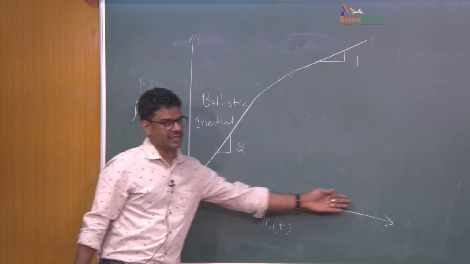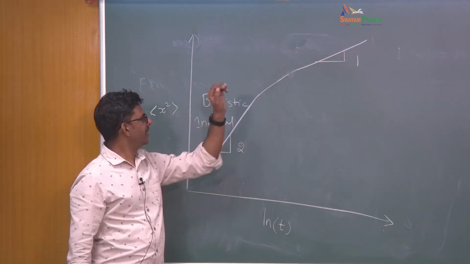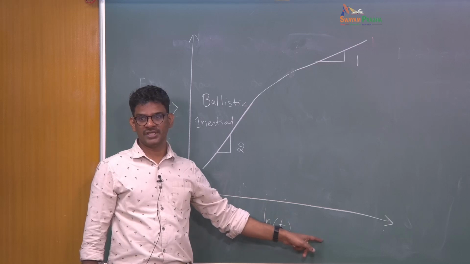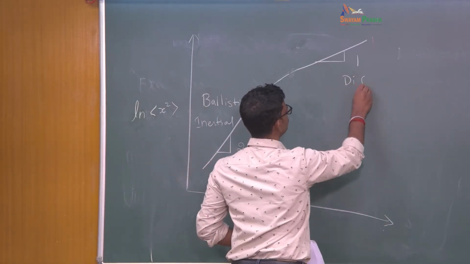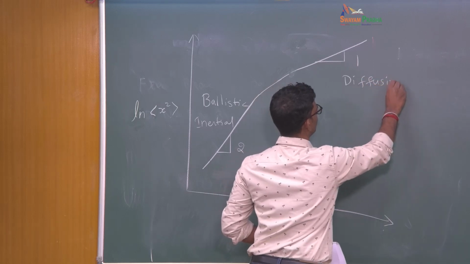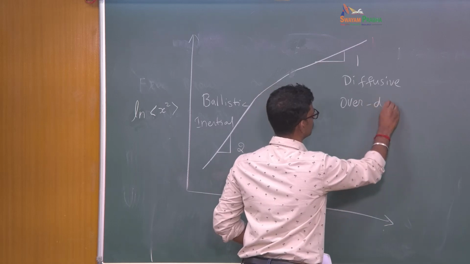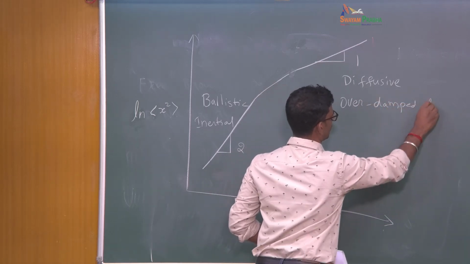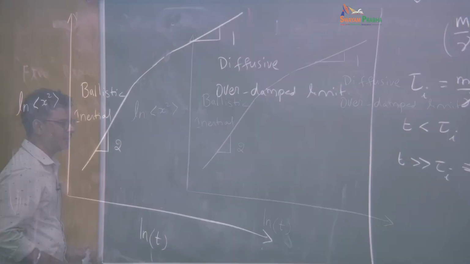But if you look at the long time effect, the mean square displacement has a different scaling, where it is proportional to t, not t square, and this we call the diffusive or over-damped limit. Why do we call it over-damped limit?